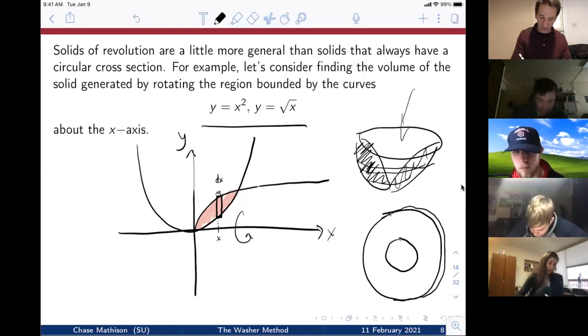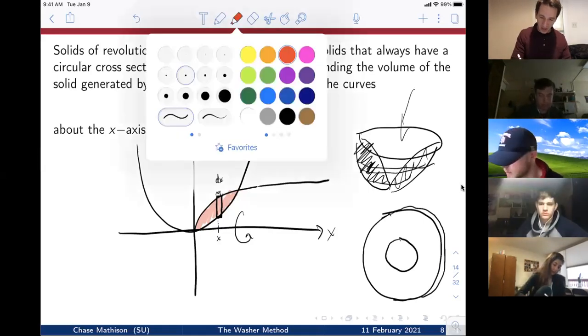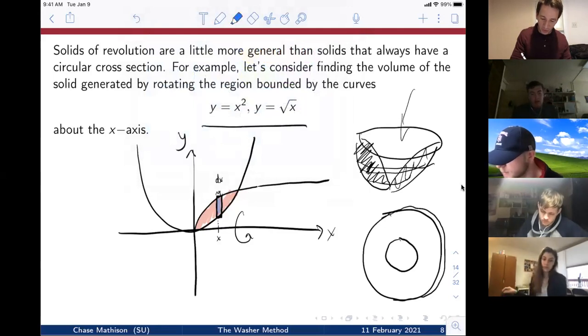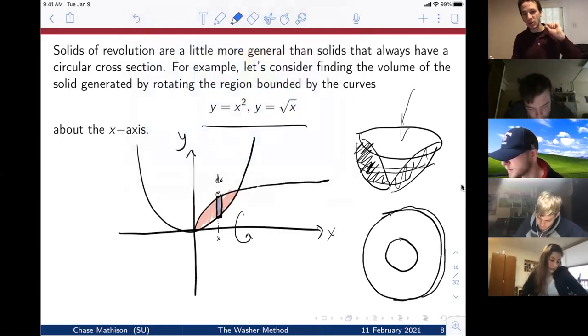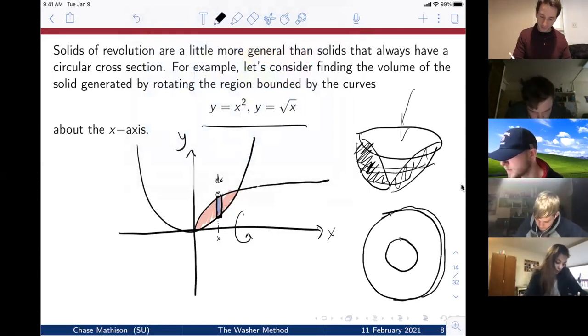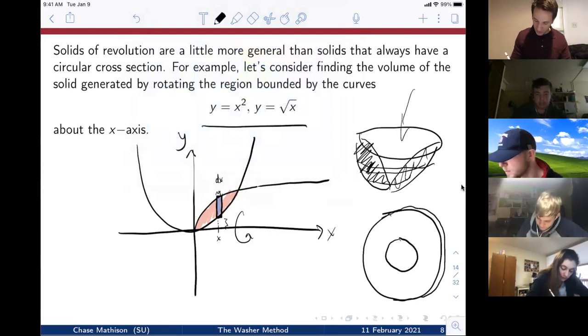Does everyone see that? If you take this region that I'm coloring in blue and rotate that around the x-axis, there's going to be that gap there the whole way around. I like to make my drawings as 3D realistic as possible.